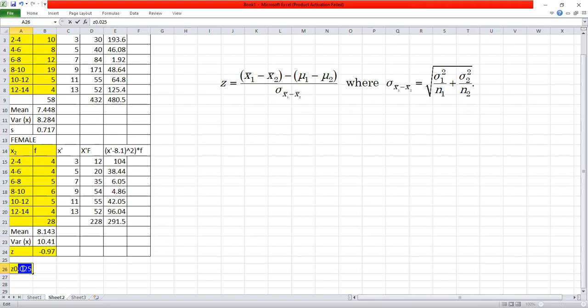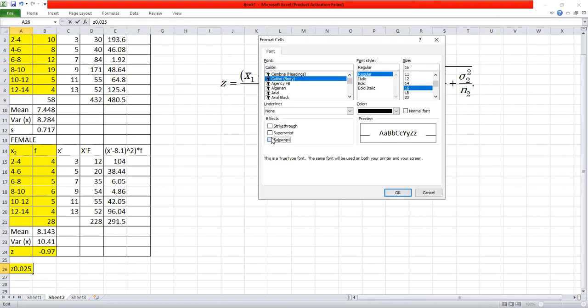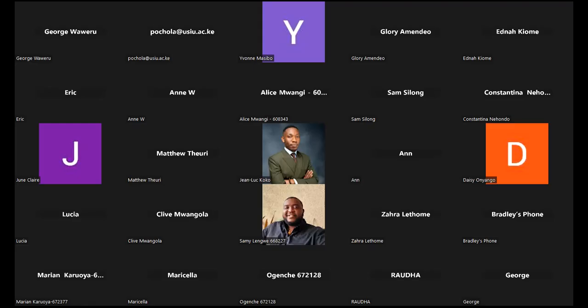That's what you look for in the table, that area. Of course, you are going to get the area to the left of it, which we saw last time. So I want to share the Z table. We go to the Z table and look for that value of Z. This is the Z table.